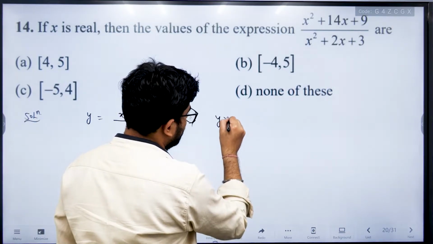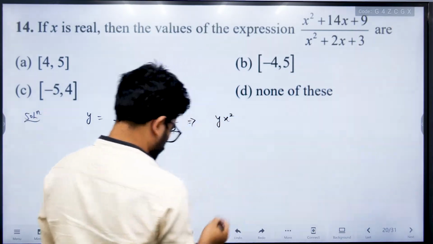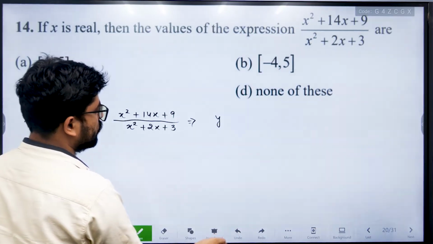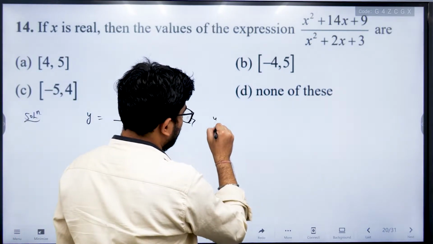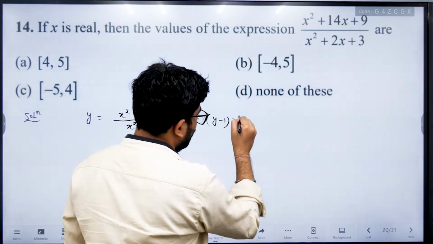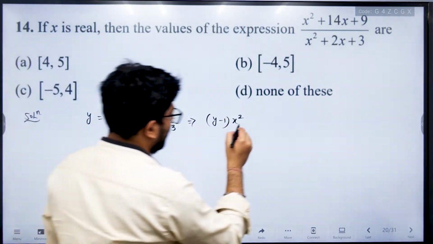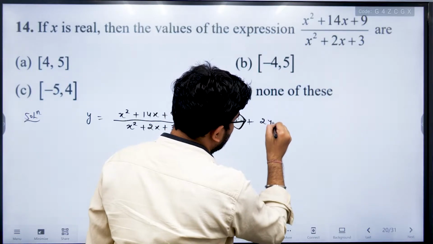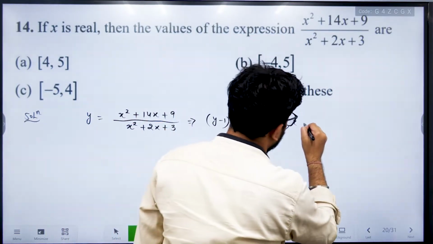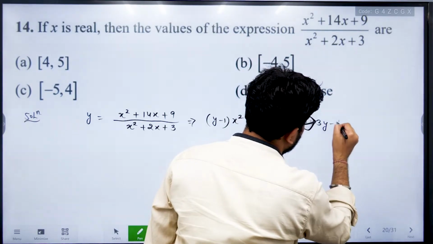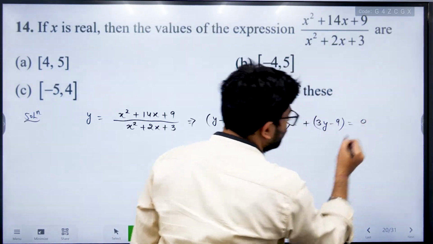So you can write this as yx square minus x square, so (y minus 1) into x square, plus (2y minus 14) into x, plus (3y minus 9) is equal to 0.